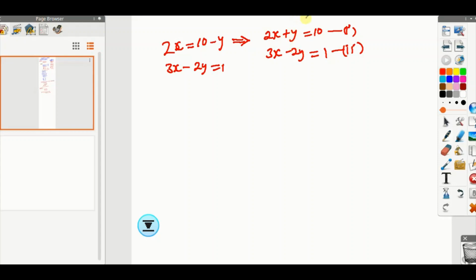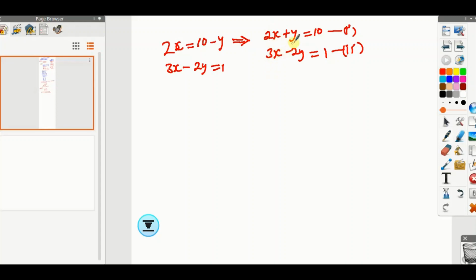So their coefficients are not equal. So from here now, you will do something to make the coefficients equal. If you want to eliminate x, that means you are going to multiply equation 1 by 3 and equation 2 by 2, so that 6 becomes the coefficient of x.